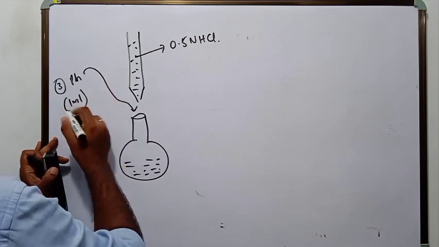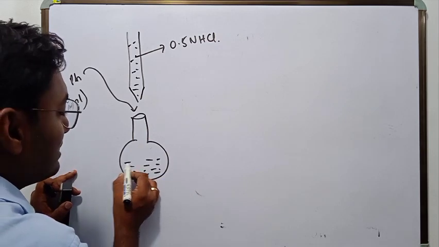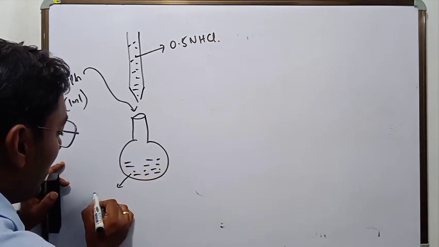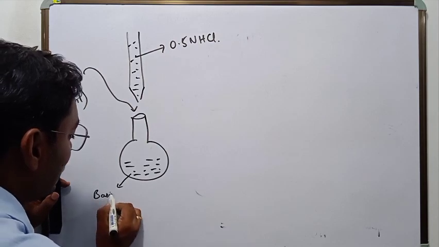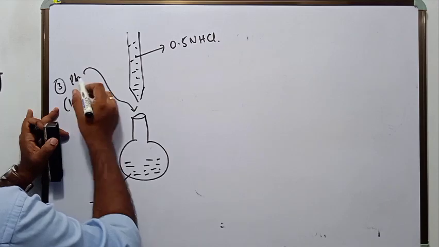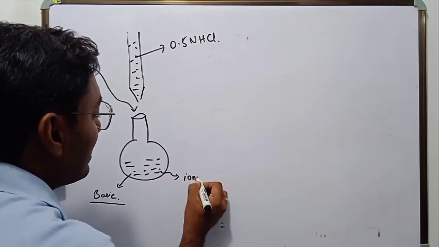So when you add 1 ml of phenolphthalein, what would happen here? It is having excessive KOH. The solution here is basic or alkaline. In alkaline solution, phenolphthalein would exist in an ionized manner.